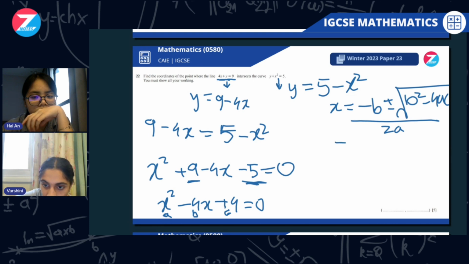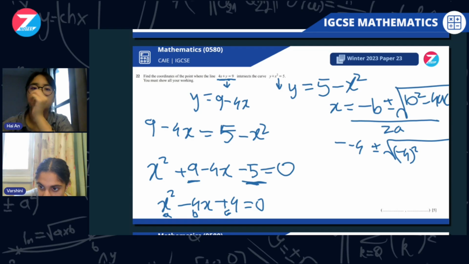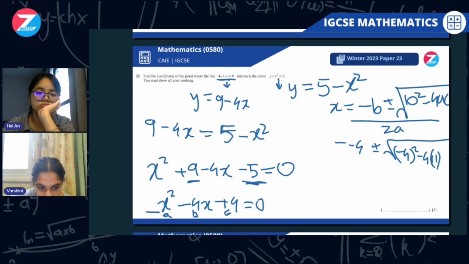It's going to be minus, minus 4, don't forget the minus, plus or minus the root of minus 4 whole squared, minus 4 into 1, because if there's no visible coefficient of x squared, it doesn't make it 0, it makes it 1, into c, which is 4. Now we divide this whole thing by 2 into 1.